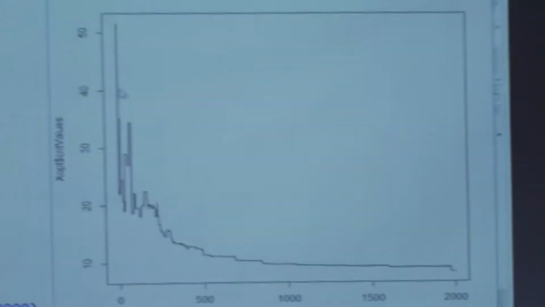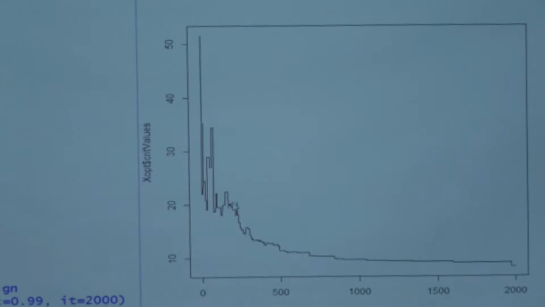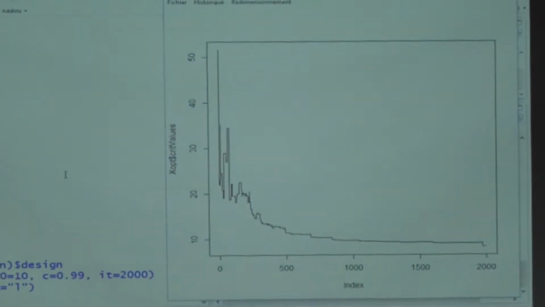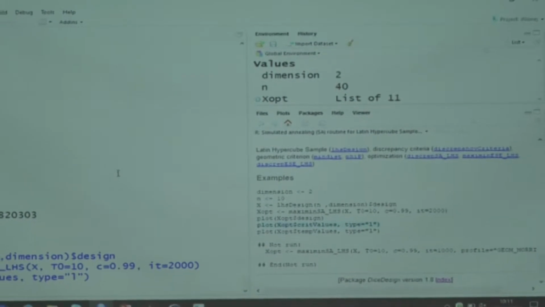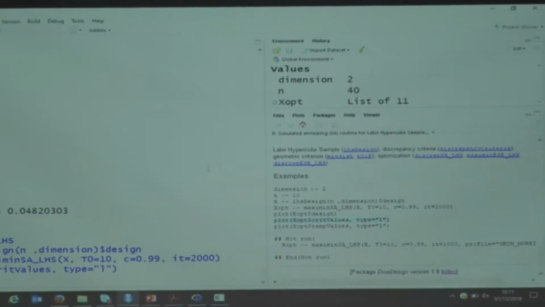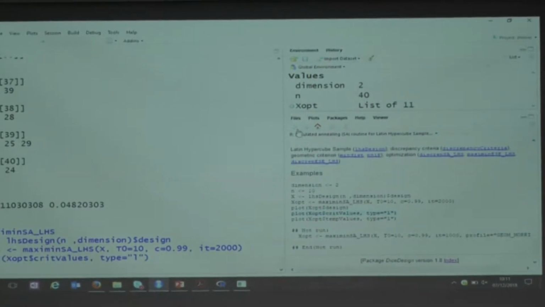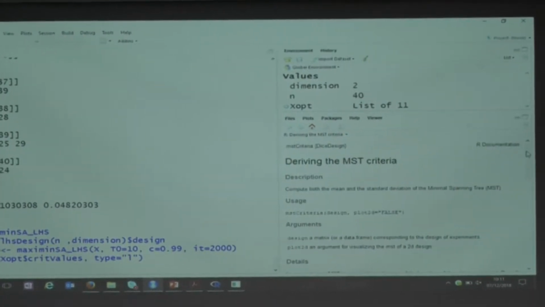So you see, I optimize the criterion at the beginning, and after it finished, I stabilize. Okay, and now I can show the MST of this design.